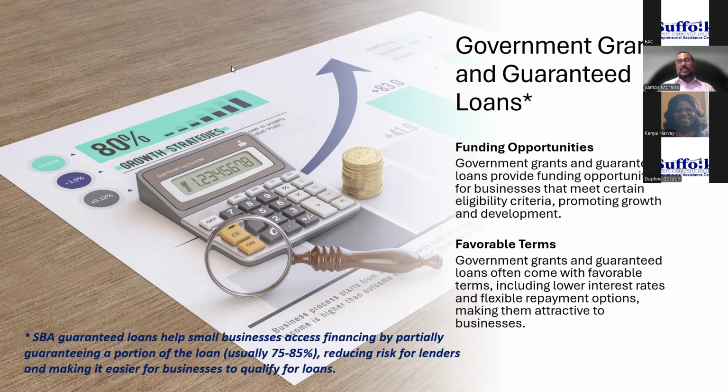So in the case where, let's say you go to Chase or Bank of America or Wells Fargo, one of these big banks, right? And you don't meet all the criteria for whatever reason, you can always ask, are you an SBA guaranteed lender?